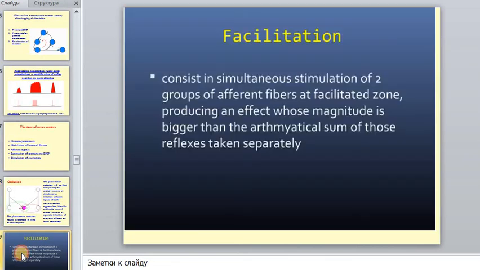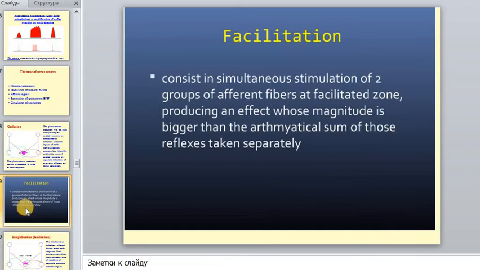And sometimes we know the phenomenon of facilitation, which consists in simultaneous stimulation of two groups of afferent fibers in the facilitated zone, producing an effect whose magnitude is bigger than the arithmetical sum of those reflexes taken separately.